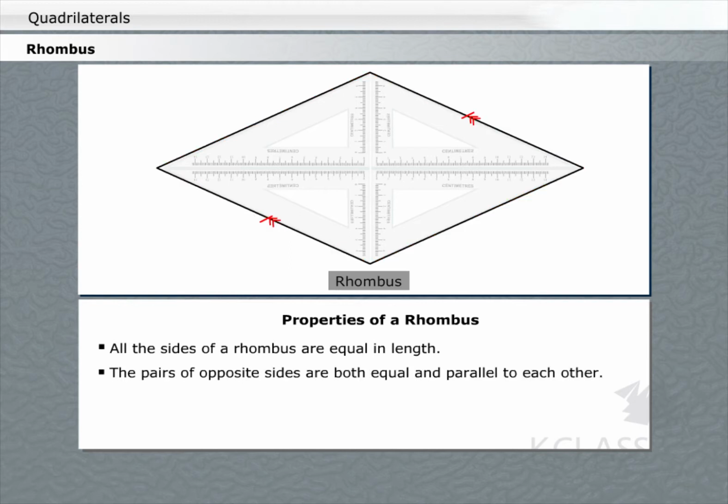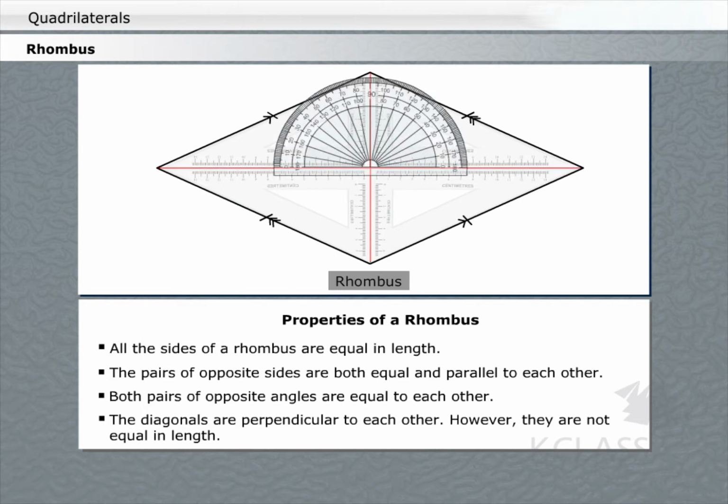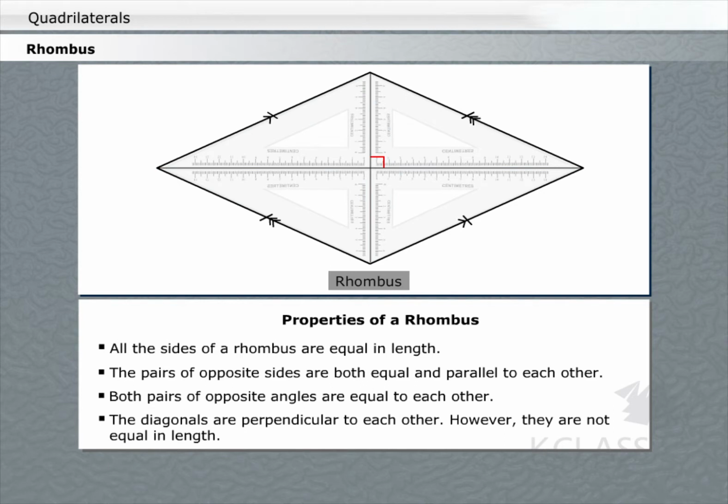The pairs of opposite sides are both equal and parallel to each other. Both pairs of opposite angles are equal to each other. The diagonals, though perpendicular to each other, are not equal in length. All these properties are true for any rhombus.